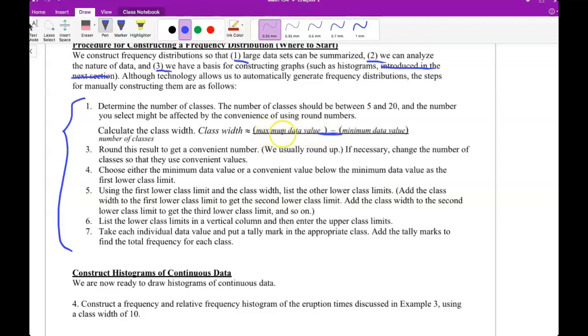On top we have maximum data value minus minimum data value, divided by number of classes. Okay, so this is how we can find a class width.